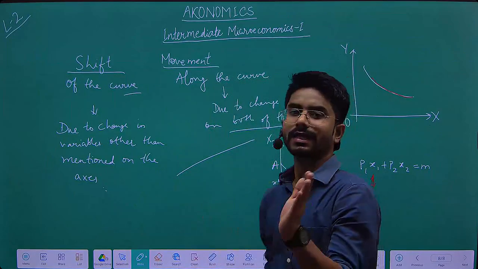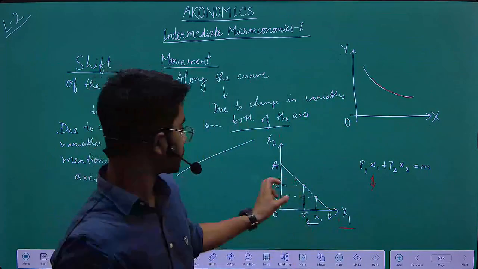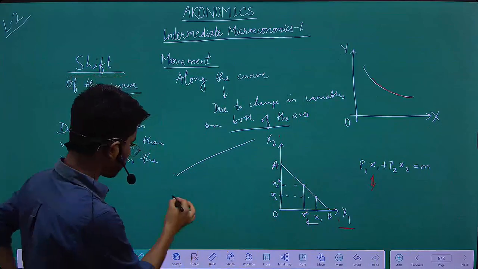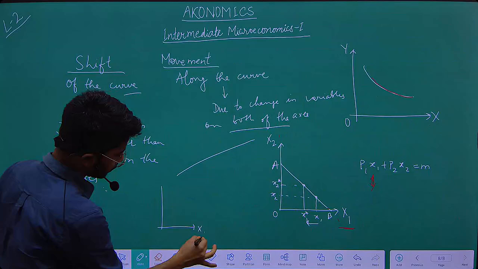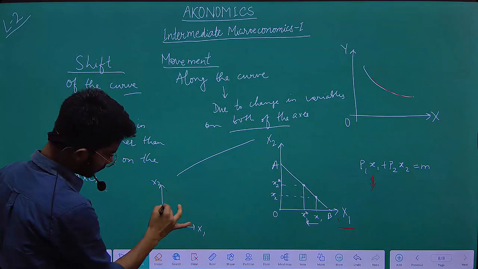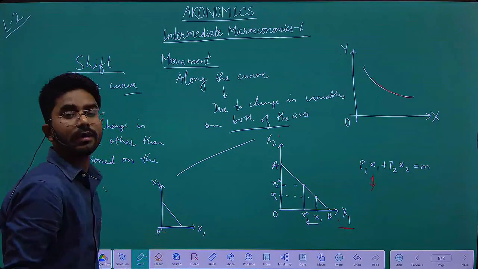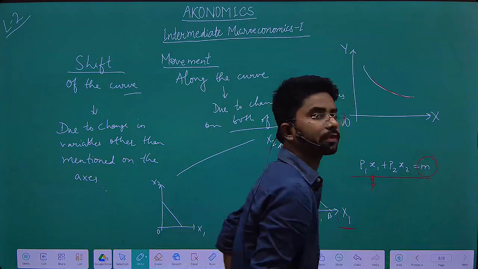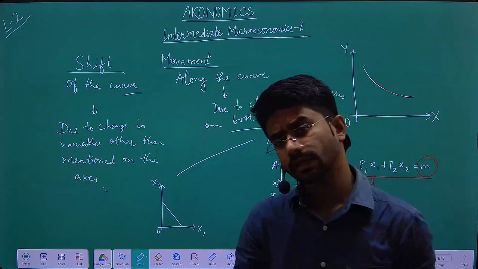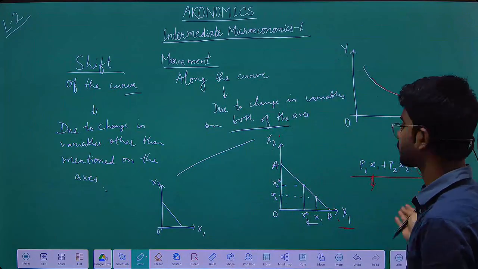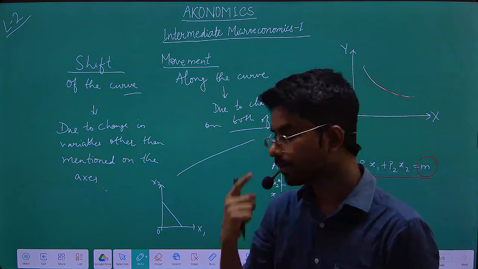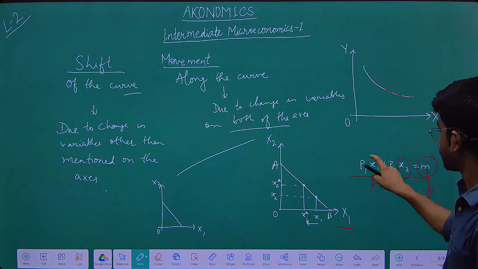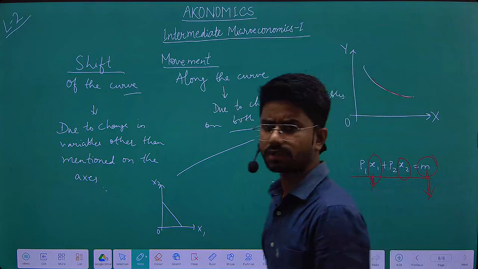Now, this is the movement and we have to see what is the shift in the budget line. For the shift, always remember that if you have a budget line like this, and you have a change in your income, then you will have a shift in the budget line. Why? Because income is not either of the variables on the axis.